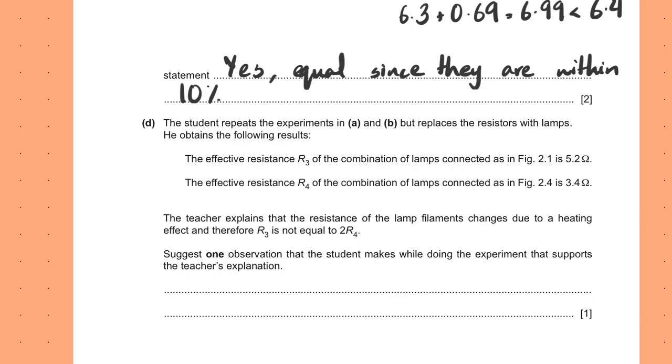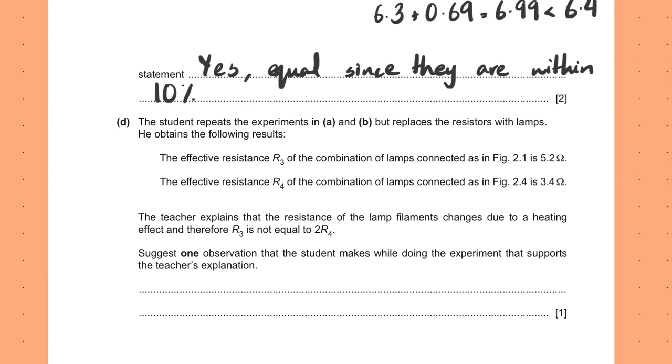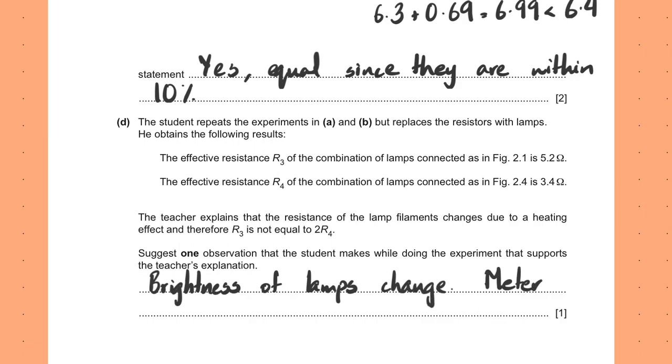He can obviously see that the meter readings can change, and also because of the resistance, the brightness of the lamps can change. Could be any of these.